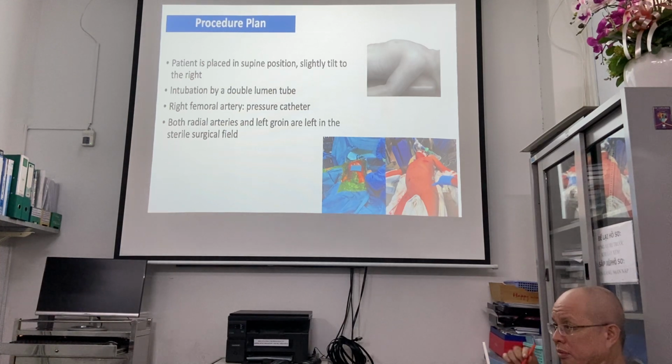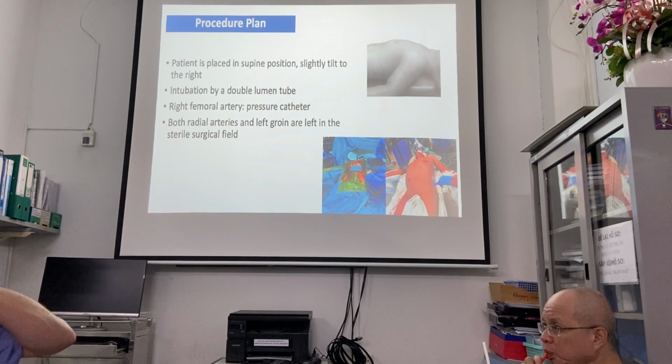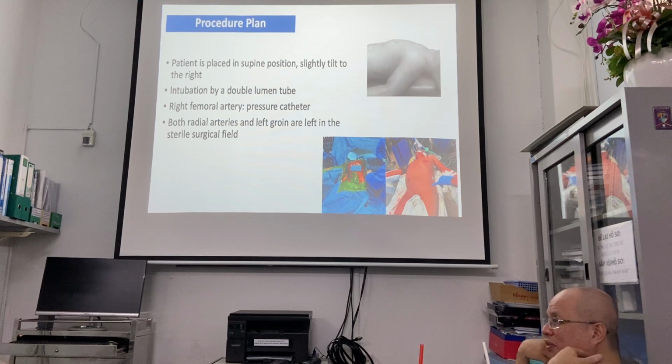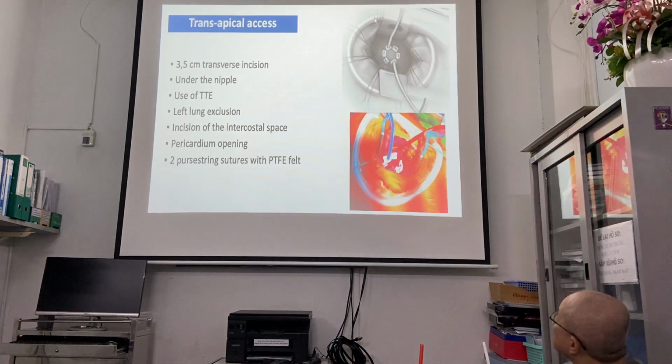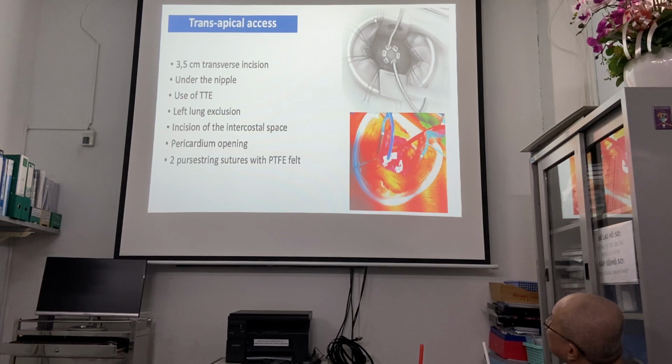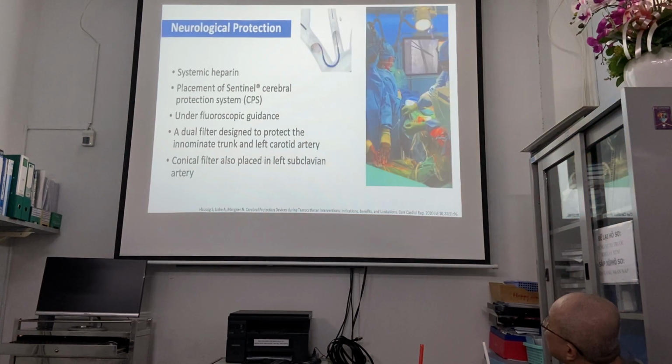So we used the Sentinel, which is like a protection device for TAVI. It's like a filter. So we put one filter here, from both radials. The Sentinel, I don't know if they have a picture, but this is a surgical intervention, and this is how we are working.